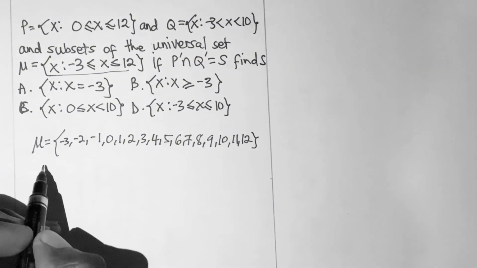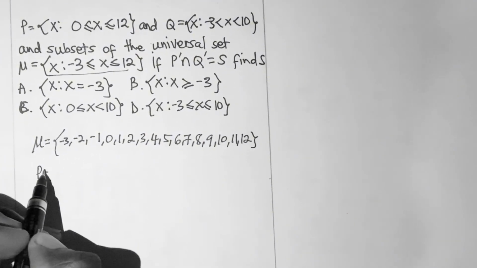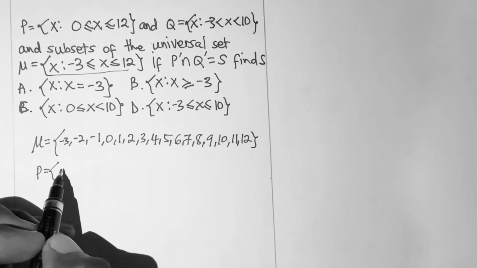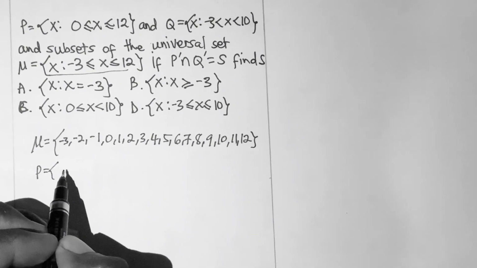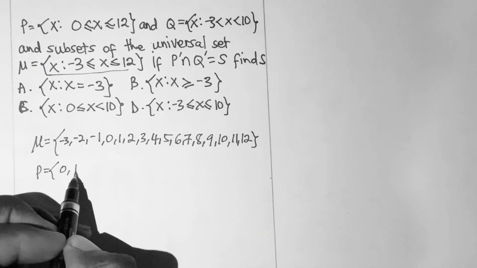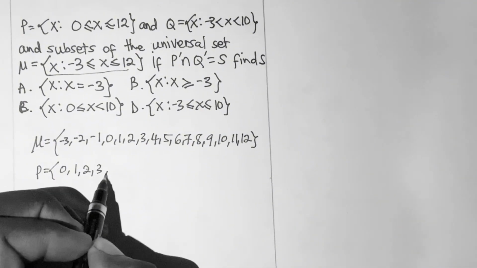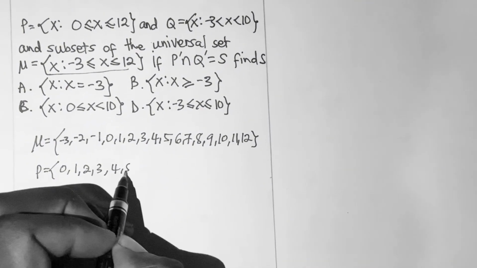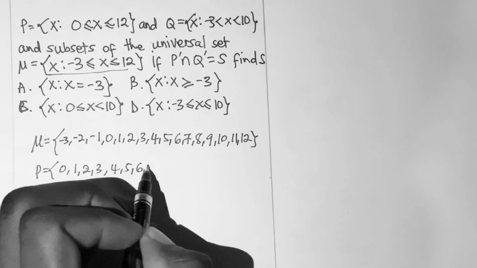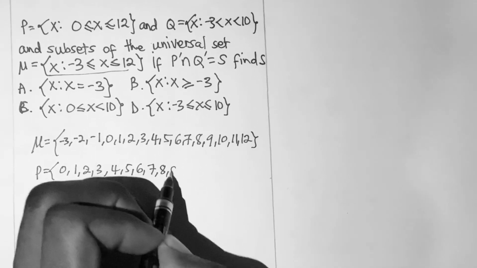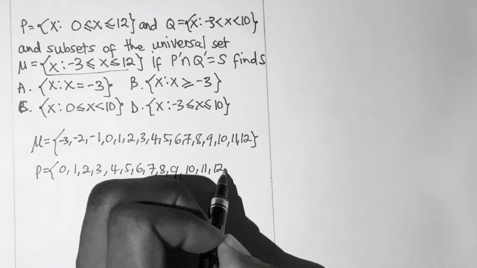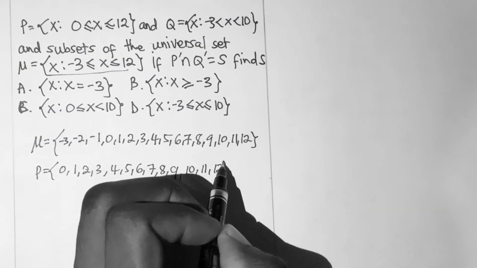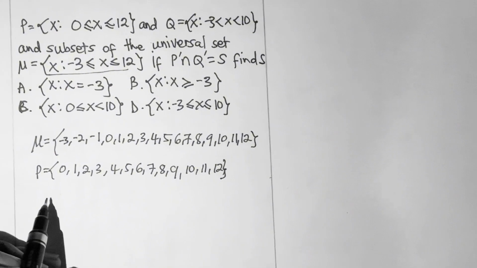So let's list the members of P. The question says that P is such that x is greater than or equal to 0, but less than or equal to 12. So P is 0 to 12. So we have 0, 1, 2, 3, 4, 5, 6, 7, 8, 9, 10, 11, 12. So it ends at 12.